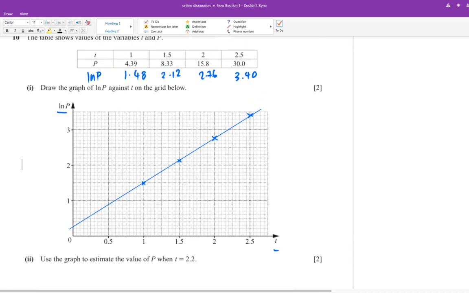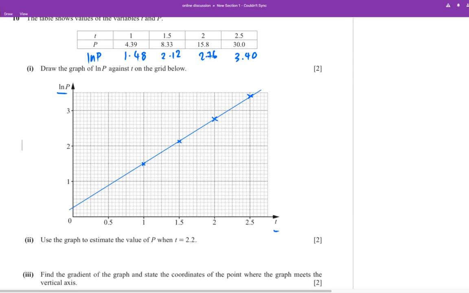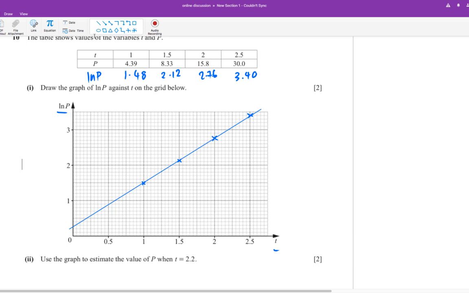Then use your graph to estimate the value of p when t equals 2.2. So 2.2 is somewhere here. How do I change my line color? Okay, it doesn't matter.